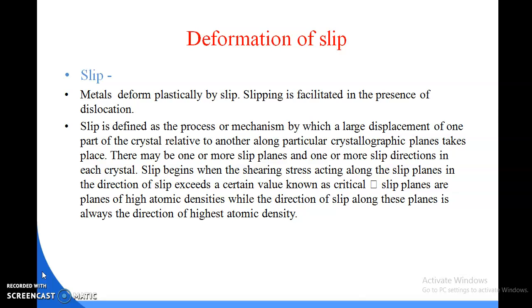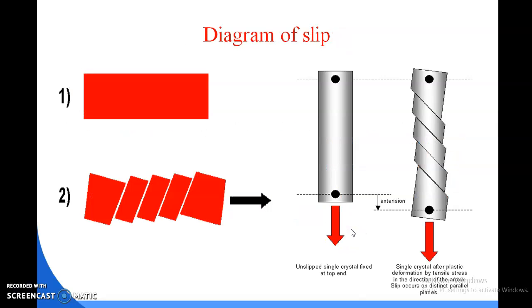So in simple words, slip means plastic deformation facilitated in the presence of dislocation in a crystal material. Here we are going to see the slip diagram. In material science, the slip planes and associated family of slip directions are those for which dislocation motion can easily occur and lead to plastic deformation.